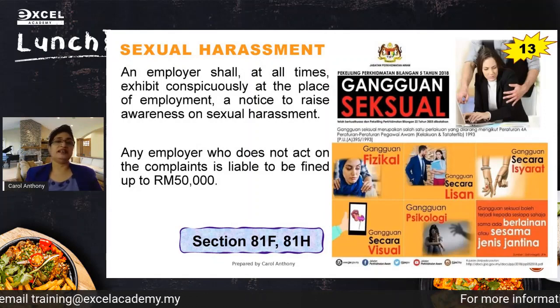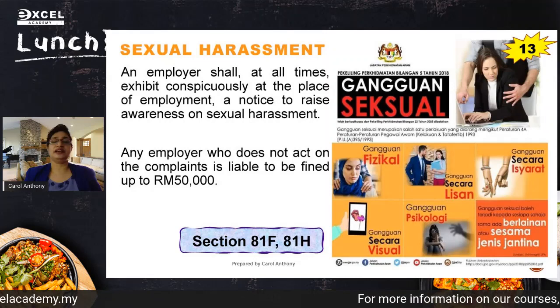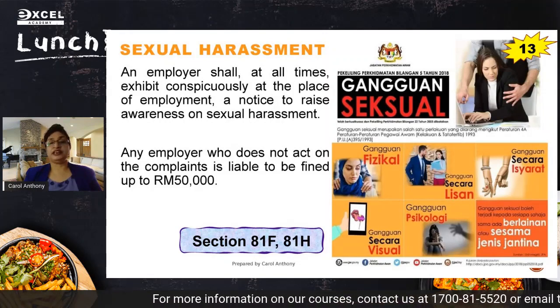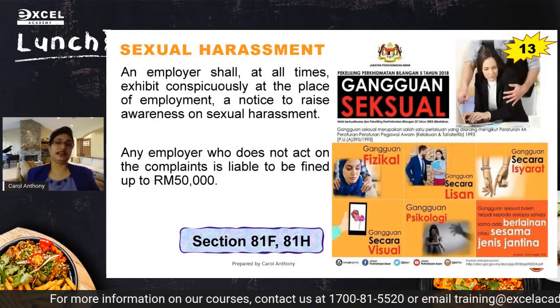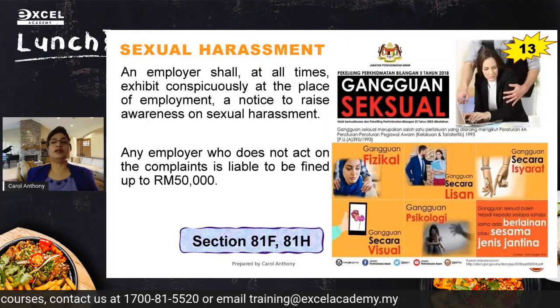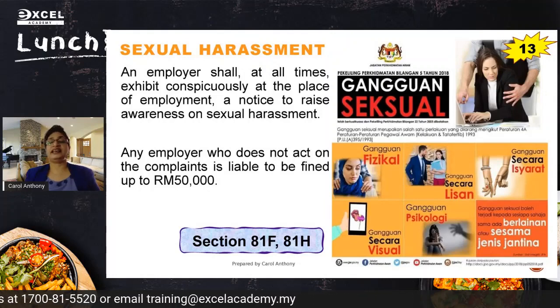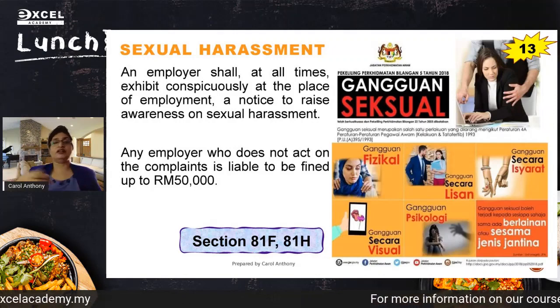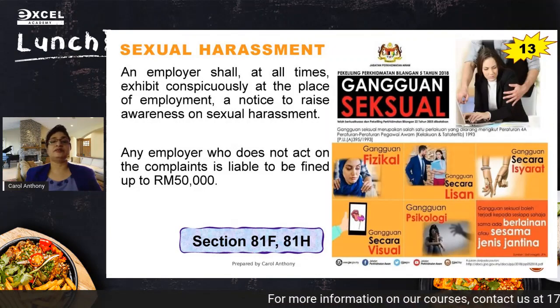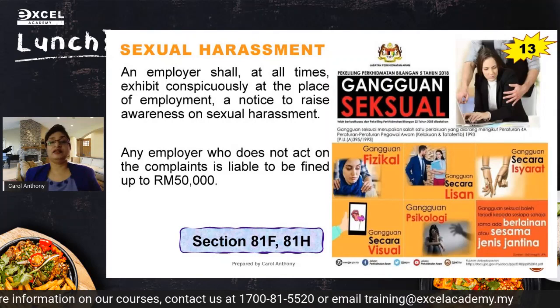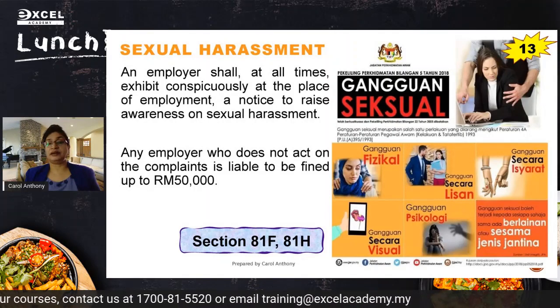All right, but they say conspicuously means it must be accessible and visible to the majority of employees. It cannot be inside a policy. It can be, but you must put something else to be conspicuous as well. For example, at the notice board, or even at the website, or intranet, internal website.